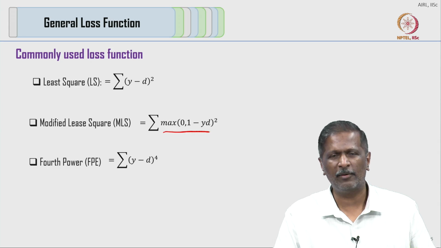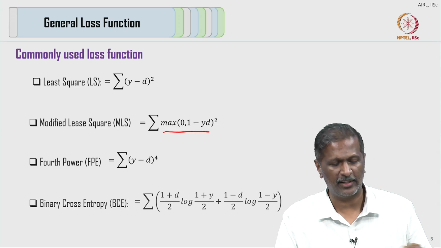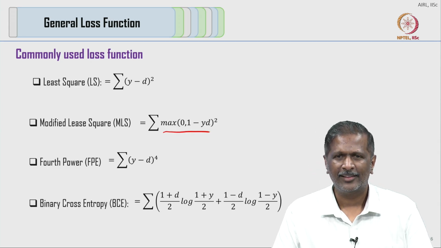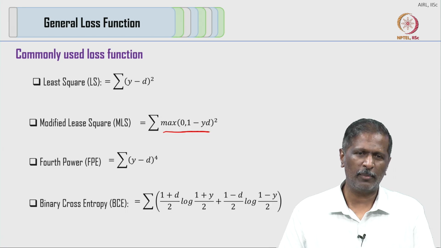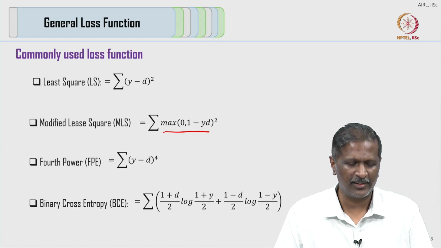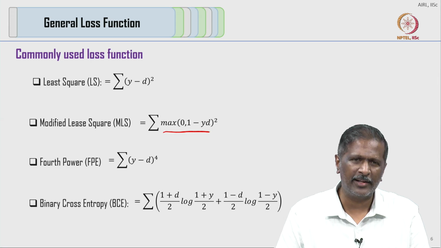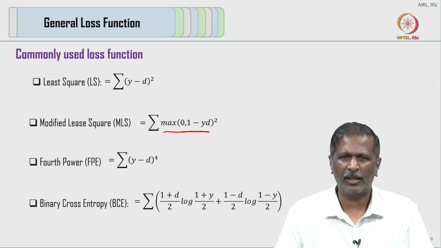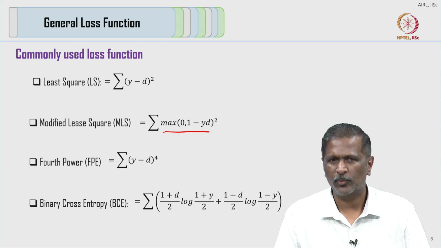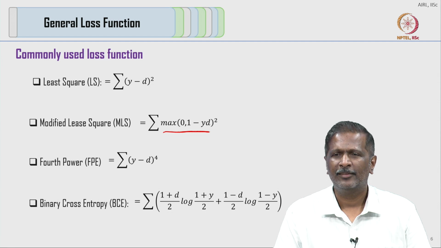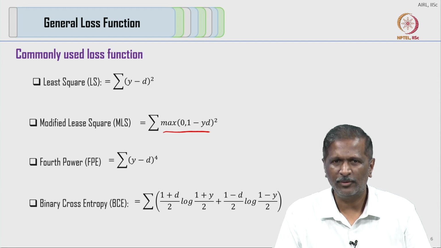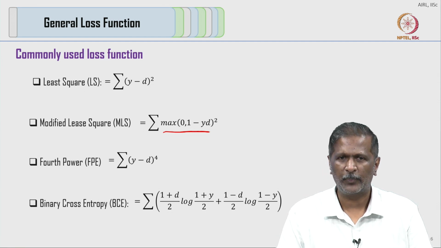There is also another loss function which is commonly used in the literature. The most commonly used loss function is cross entropy. I am showing it here for binary cross entropy, but it is applicable for multi-class also. So it is 1 plus d by 2, where d is the true label, times log of 1 plus y by 2, plus 1 minus d by 2 times log of 1 minus y by 2.